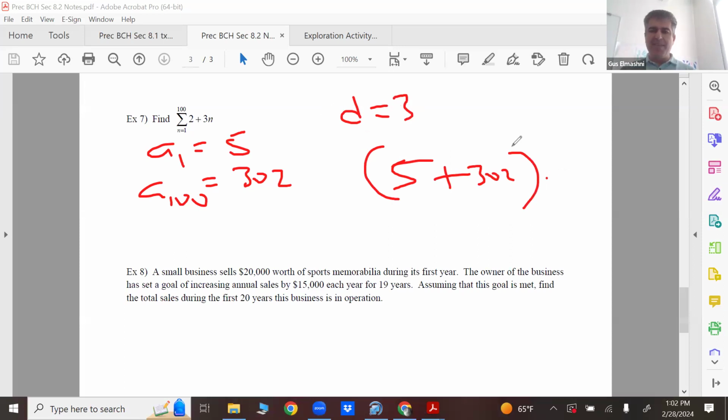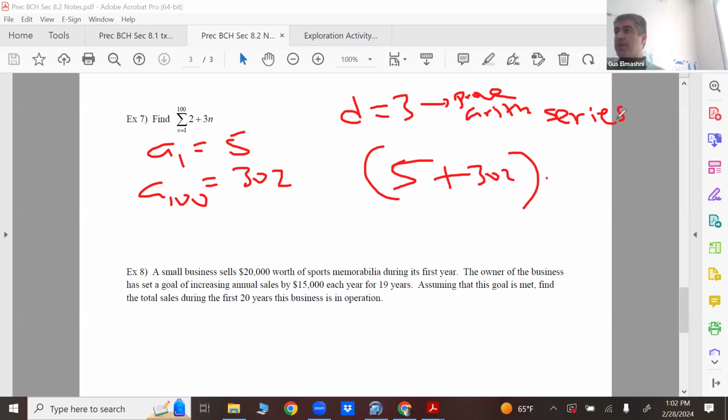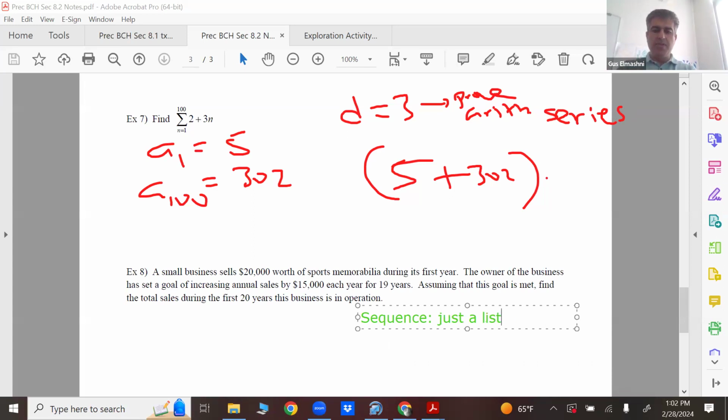Actually, I don't know why I even did D. That wasn't even necessary. That's just to prove it's an arithmetic sequence. Or actually, sorry, we call this a series now. When you're adding up, you call them series. When you're listing, it's a sequence. So let me make sure you guys are clear on that. Sequence, just a list of terms.